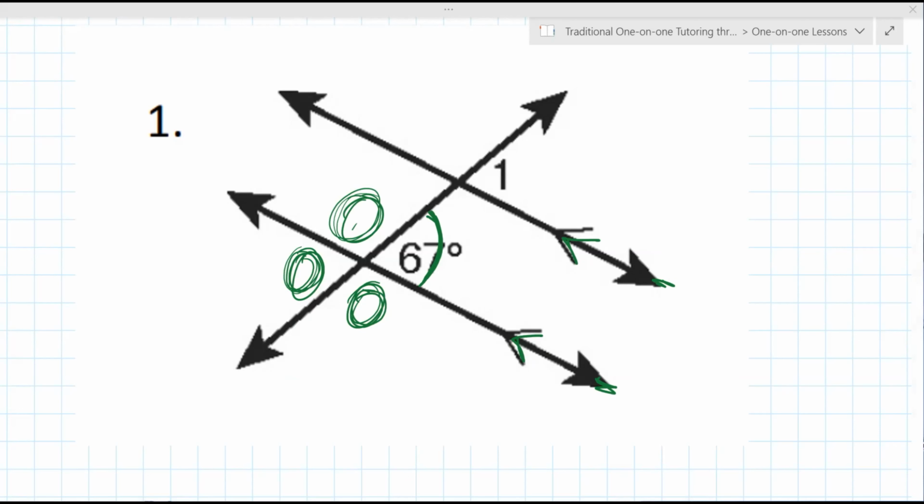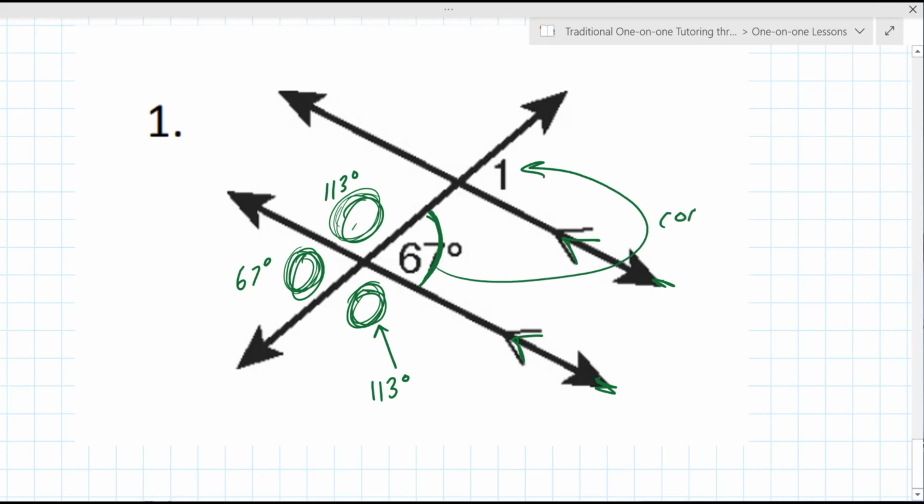113. Yes. So this one down here is 113 degrees. What about this one up here? Also 113 degrees. And how about the one across from it? The 67. Very good. Now this angle 1 corresponds to this angle.